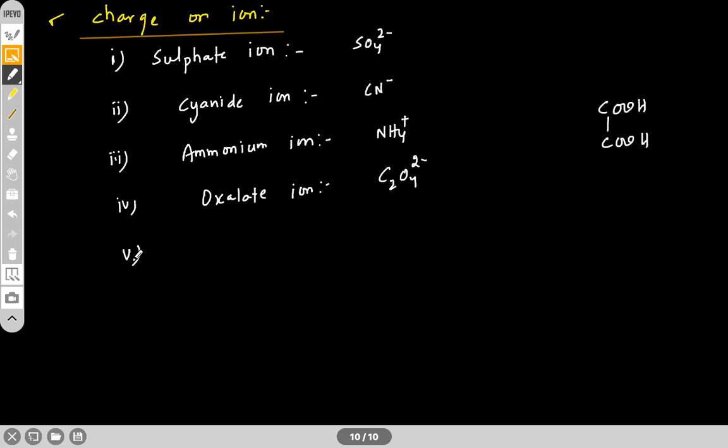Okay, all these are important. Nitrate ion is NO3 minus. Nitrite ion is NO2 minus. Okay.